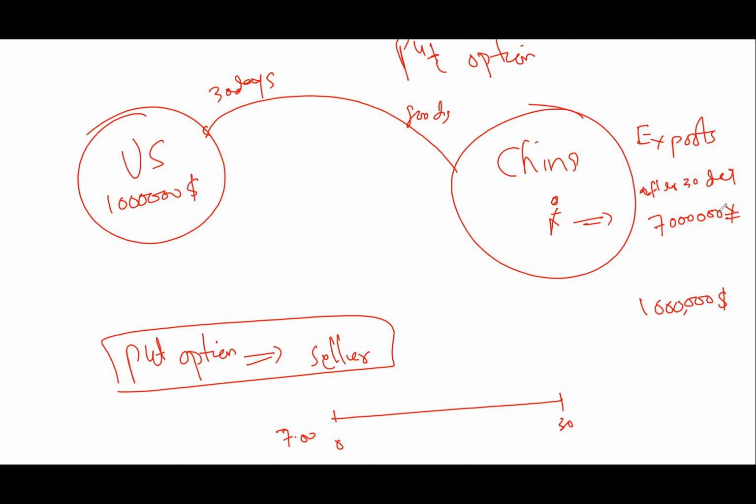But he's afraid, what if after 30 days the exchange rate goes down? That is the expectation. Then after 30 days, he will be receiving how much? 6.5 million yuan.